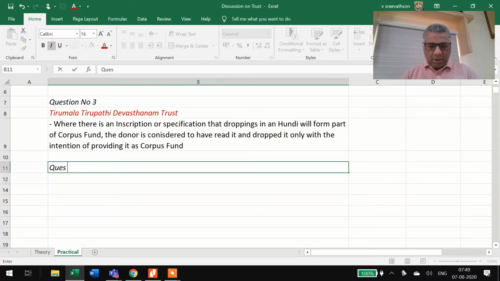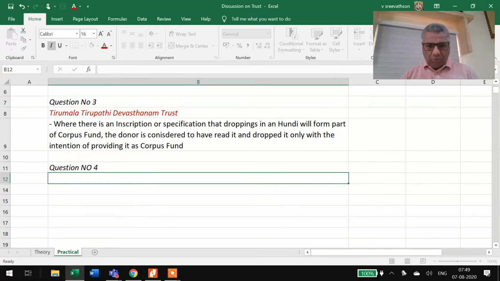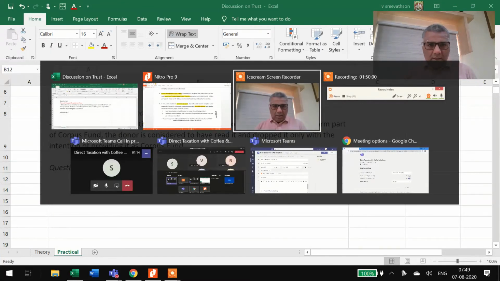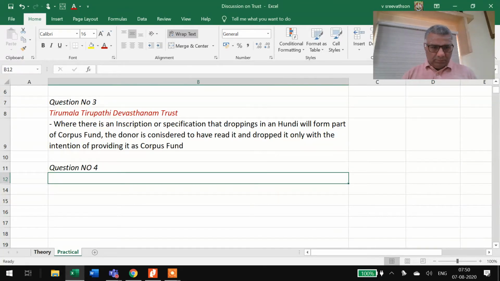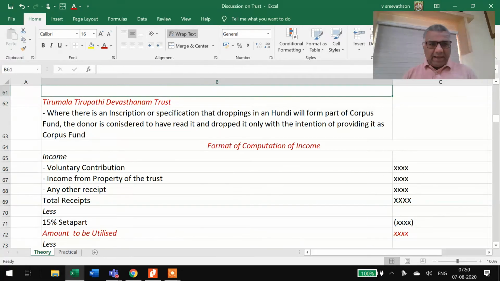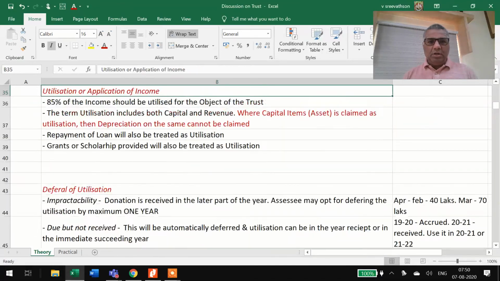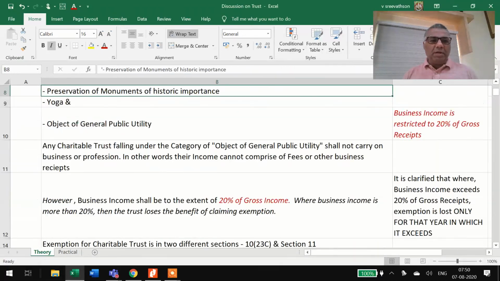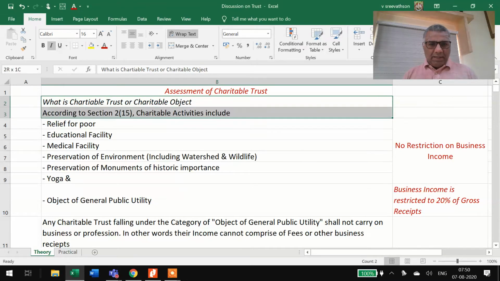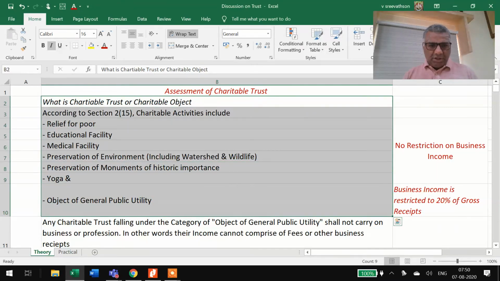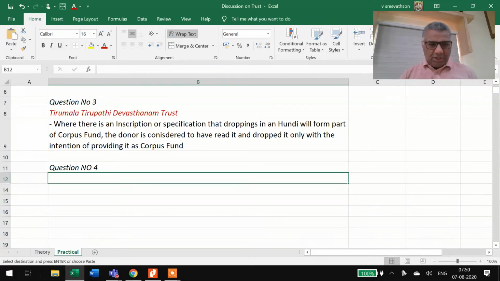Okay, question number 4. Please write this definition. If they ask what is meant by charitable purpose, this is the definition you have to write. You need not write the other conditions, but the definition is this.